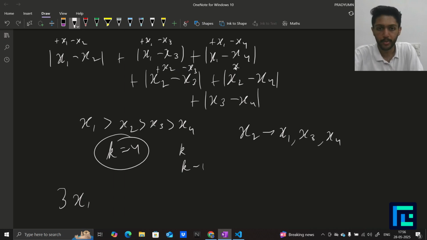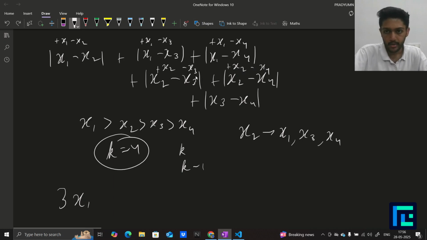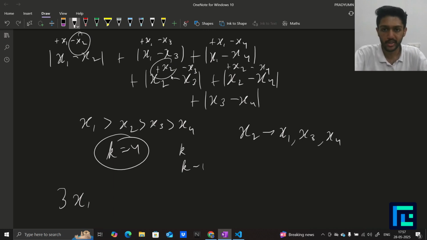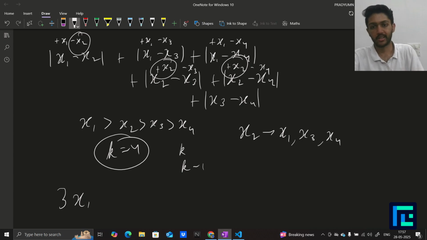So plus x2 minus x4 plus x2 minus x3, right? So basically we have one negative and 2 positive. As the net, essentially we have 1 positive, 2 minus 1, so we do plus x2.